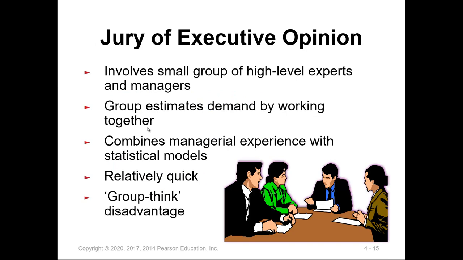The jury of executive opinion involves opinions of a small group of high-level executives, sometimes beefed up by statistical models. The group estimates demand by working together. This method combines managerial experience with the statistical models that we talked about.